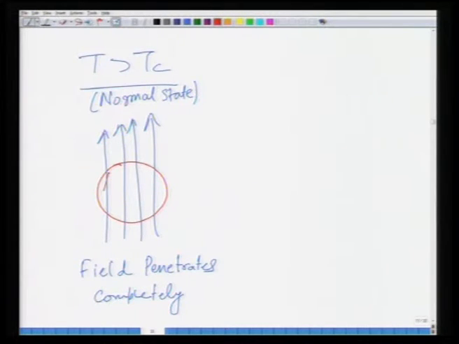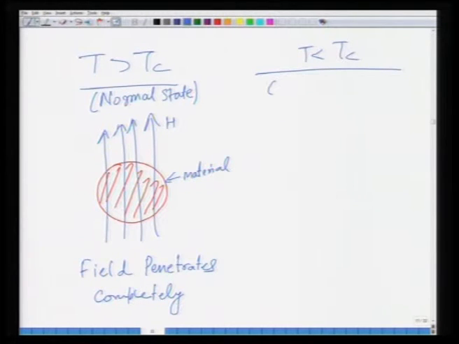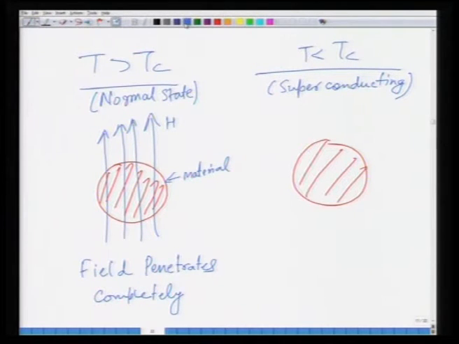So this is your material and this is your field H. Now when T is less than Tc, which means you are in the superconducting state, and you apply a field to this material, the field bends around the sample like this.